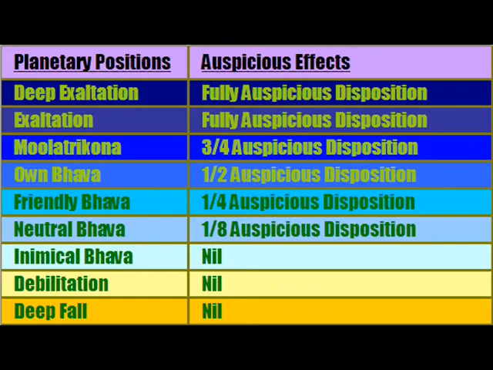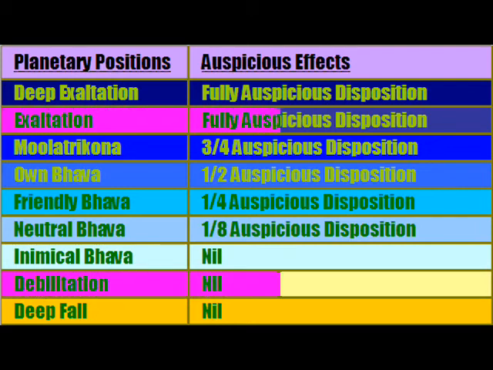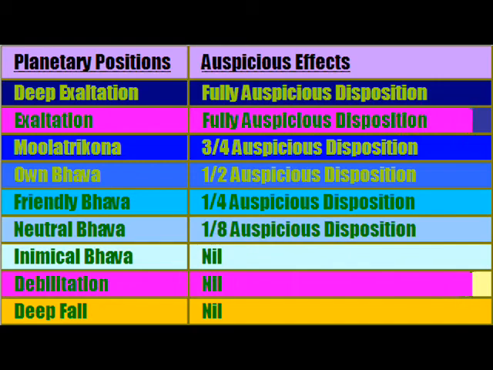We earlier discussed the auspicious effects given by the planets based on the dignities of the grahas. In this tutorial, I want to speak further on the states of the grahas. In an earlier video, I gave you the exaltation and debilitation signs of the planets.